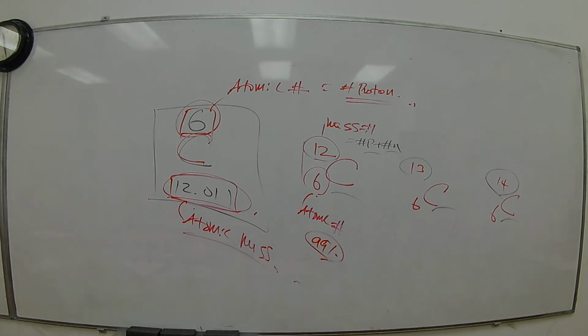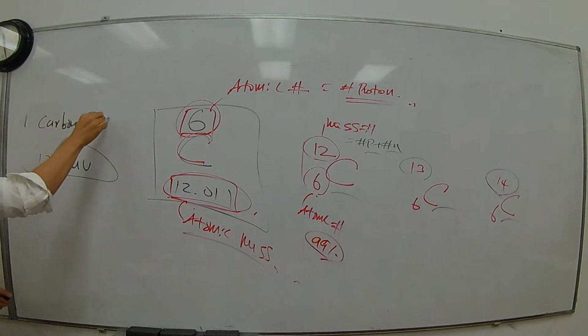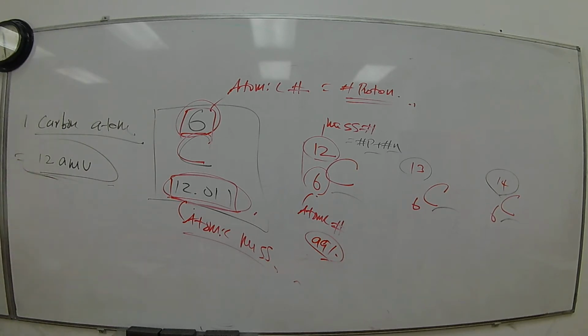Now, one thing to understand here: units. Let's just say 12 AMU. So one carbon atom has a mass of 12 AMU, which is atomic mass units.